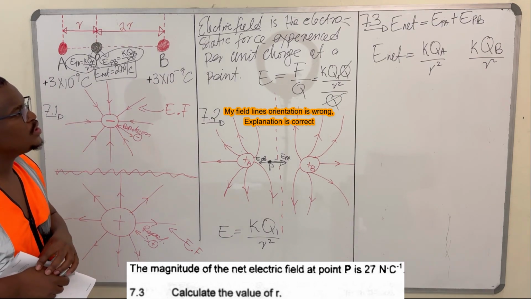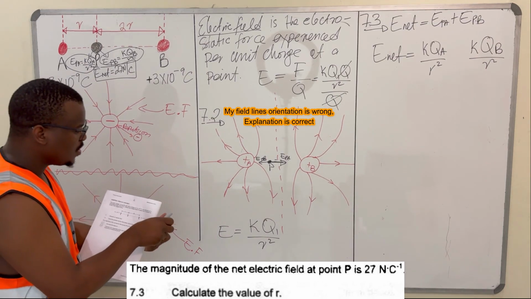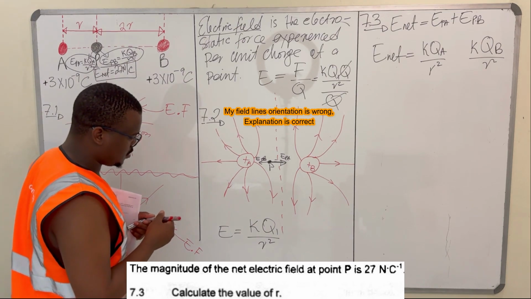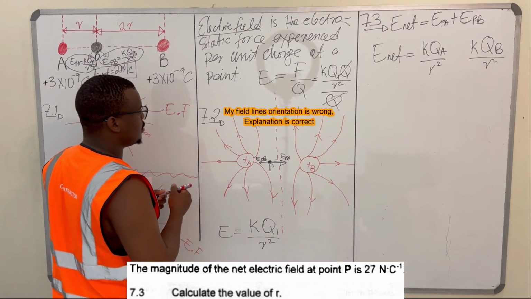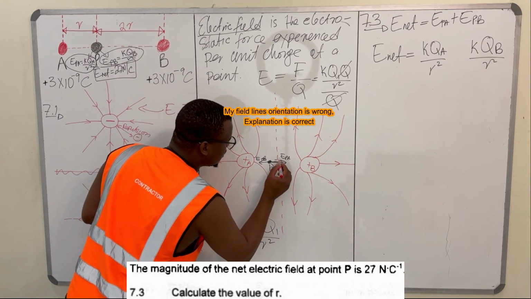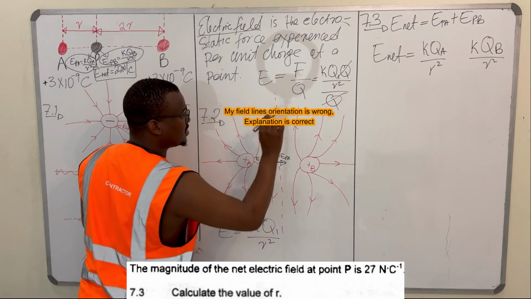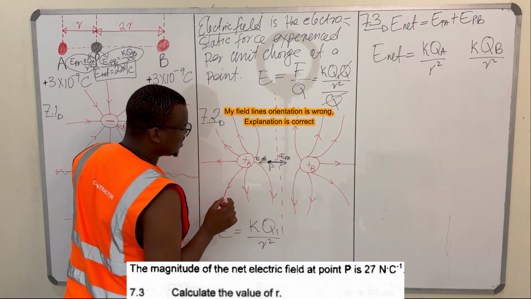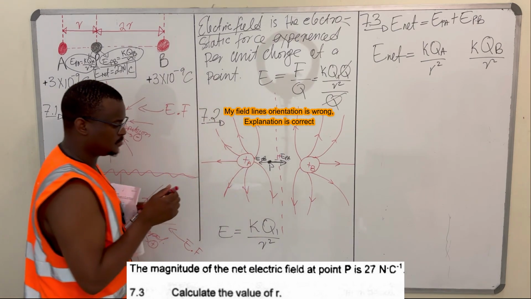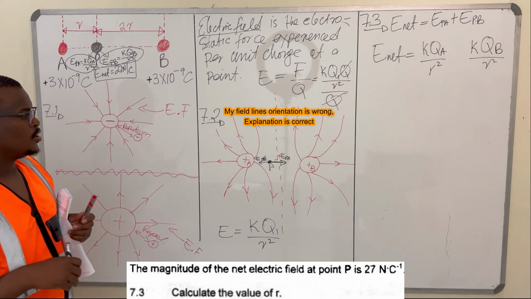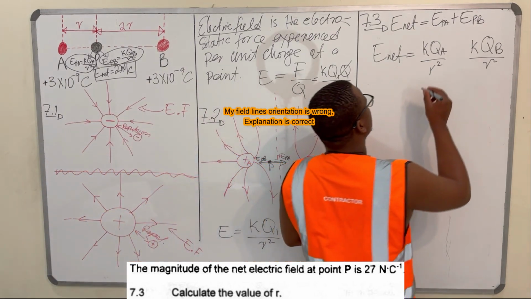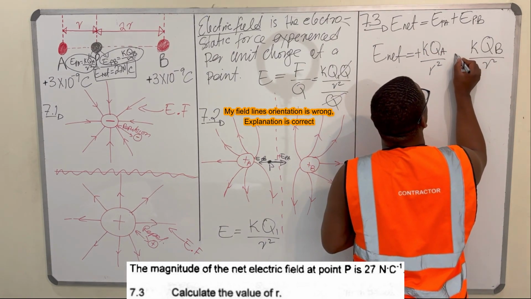So what do we do? You assign your coordinate system, or decide your directions. I was saying the electric field in this direction is positive and in that direction is negative. So I will have this electric field positive and that one negative.